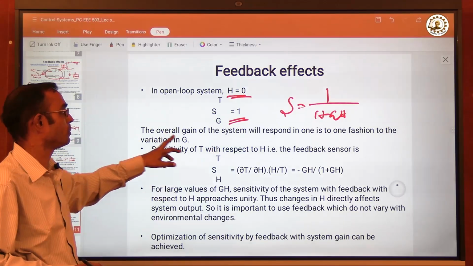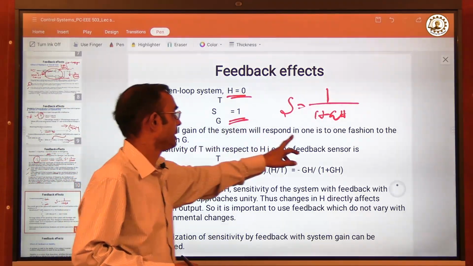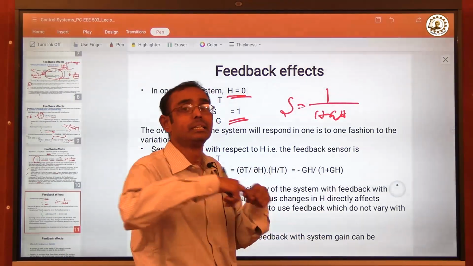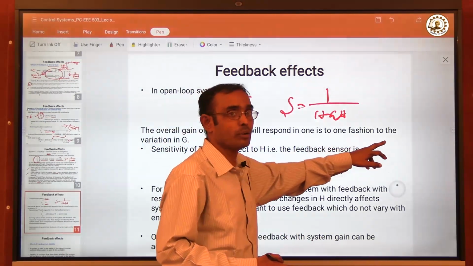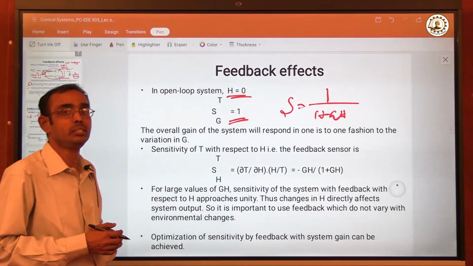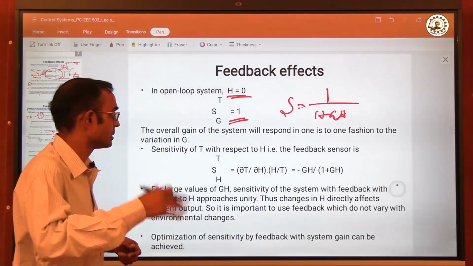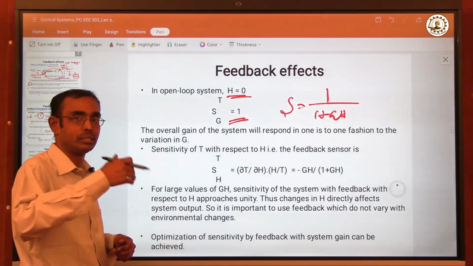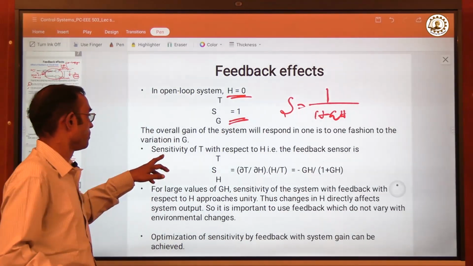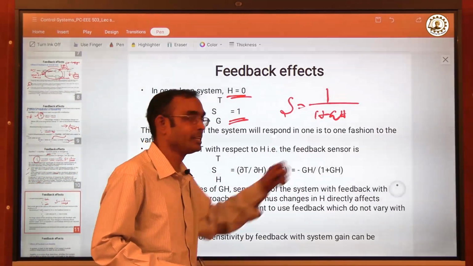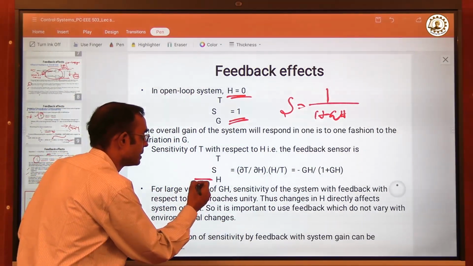What does it mean? The overall gain of the system t will change in a 1:1 fashion with the variation in g. Whatever variation happens in g, t will follow it in the same way.